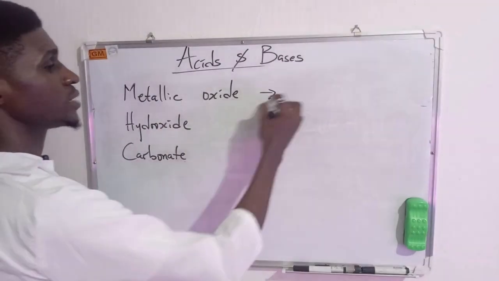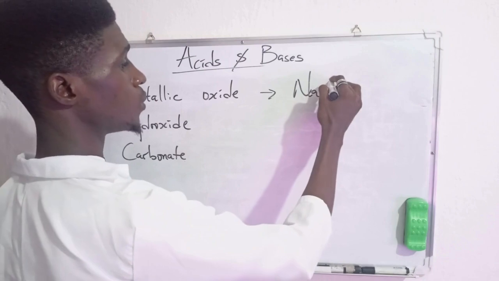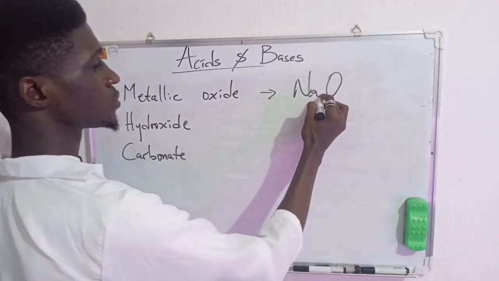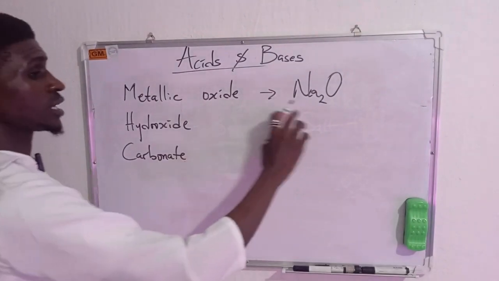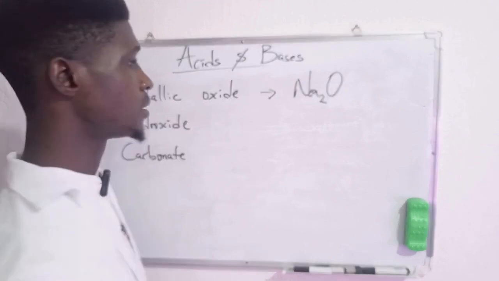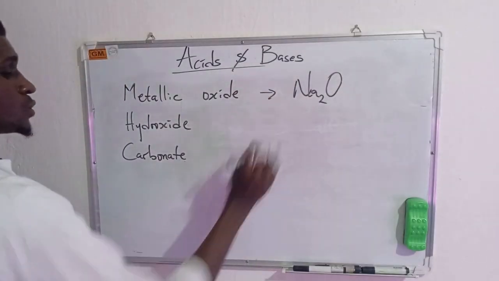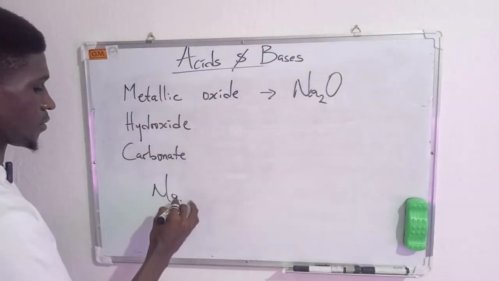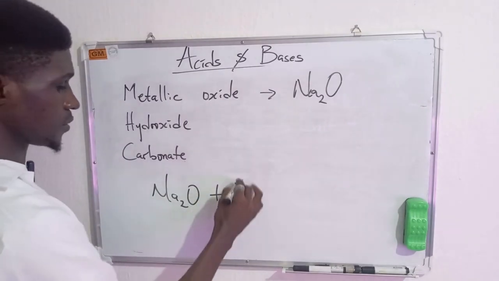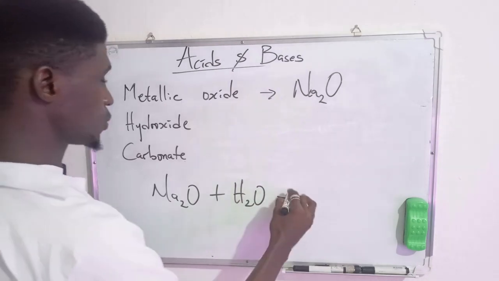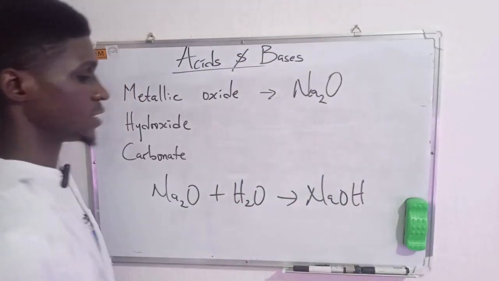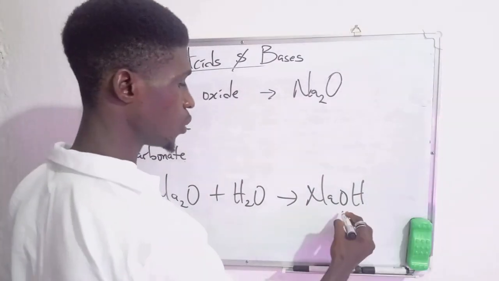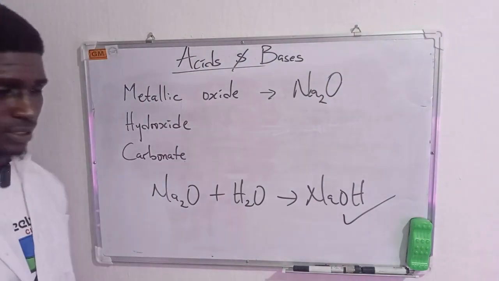Metal oxide, example is sodium oxide. Okay, sodium oxide is a base. If you dissolve sodium oxide in water, it will produce sodium hydroxide, and this is what students will always know as base.